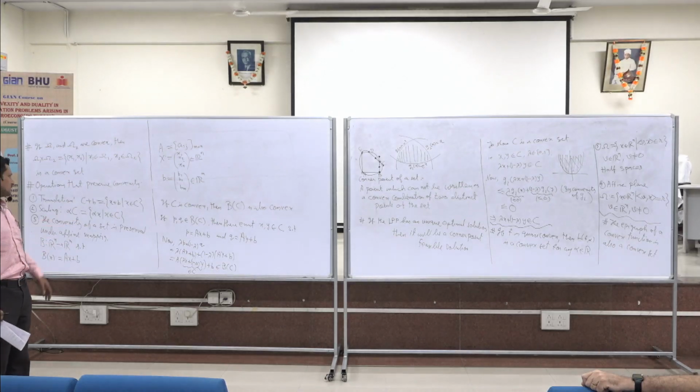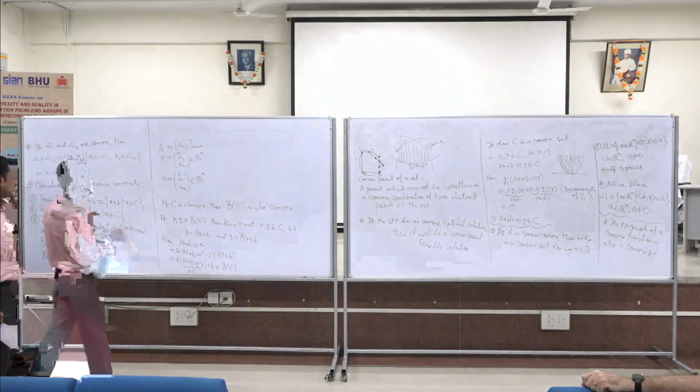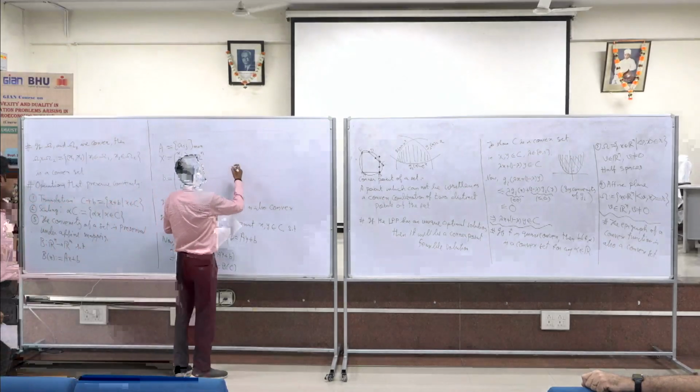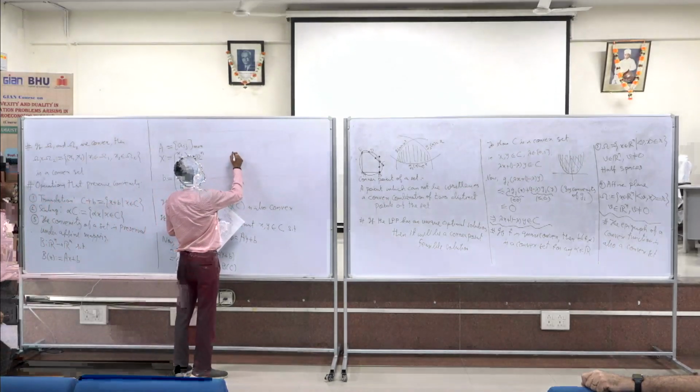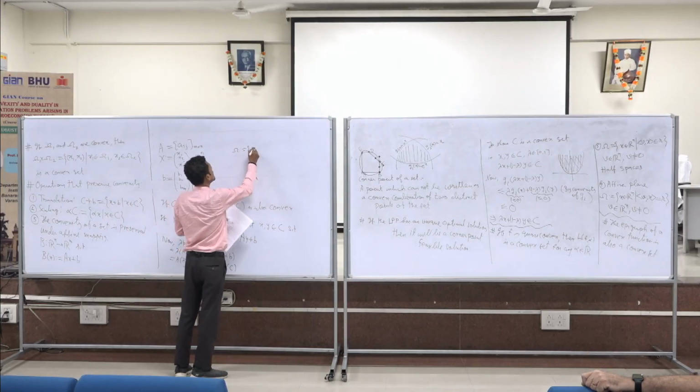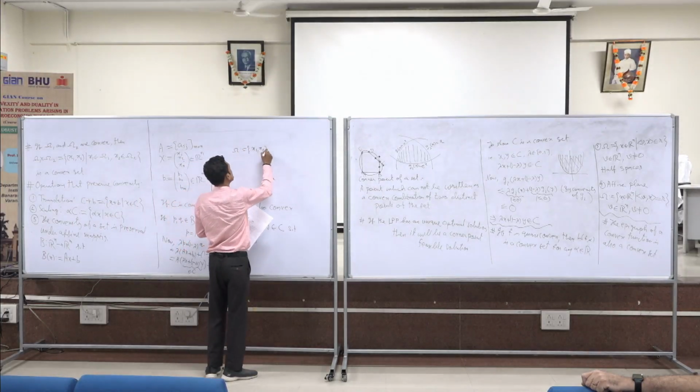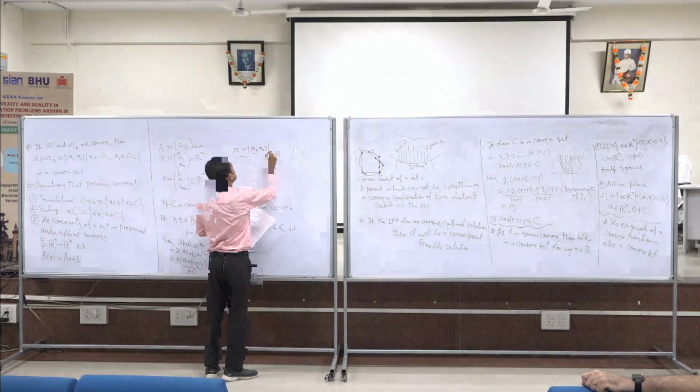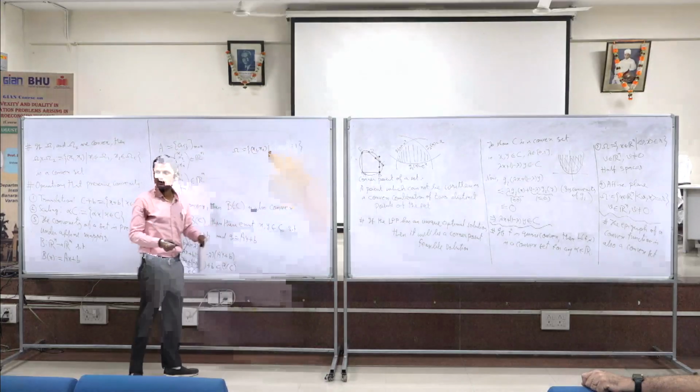One good exercise will be to try this on a convex set. You take any convex set, omega, defined as x1, x2 such that the sum of squares is at most 1, right?